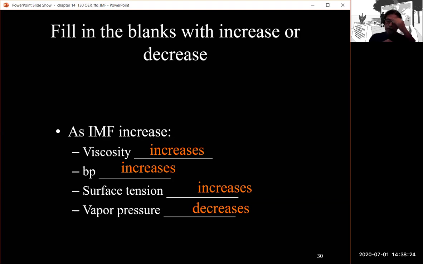Okay, so it makes pretty good sense when you think about it as far as viscosity, boiling point, and surface tension, because if the IMF is strong, it's going to hold the atoms relative to each other much more strongly than something that has a weaker IMF interaction. Therefore, there's going to be fewer molecules in the gas phase, and therefore the vapor pressure would be less.